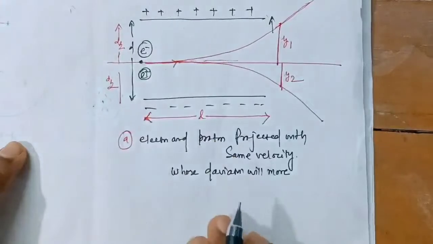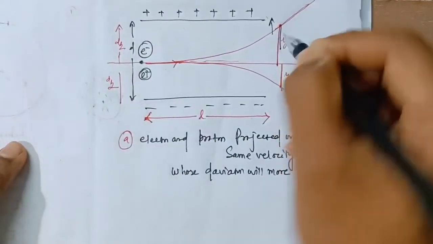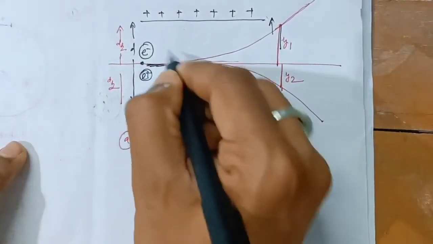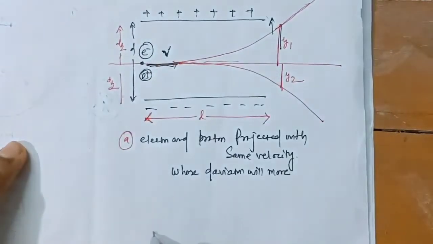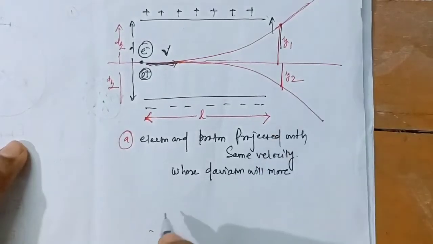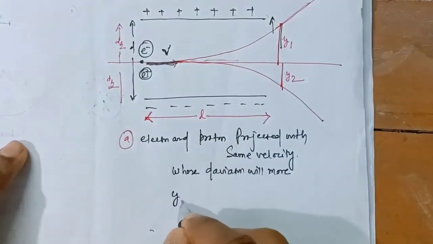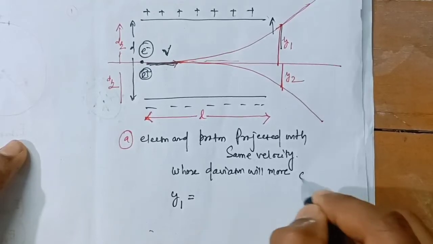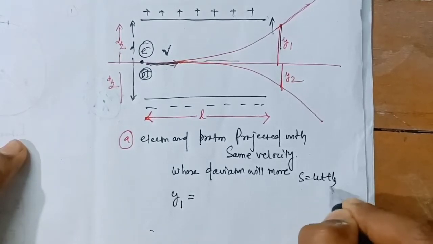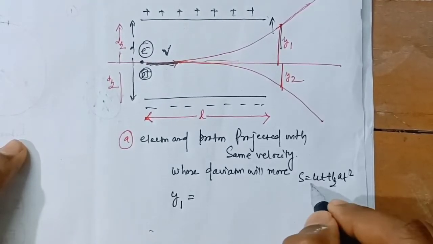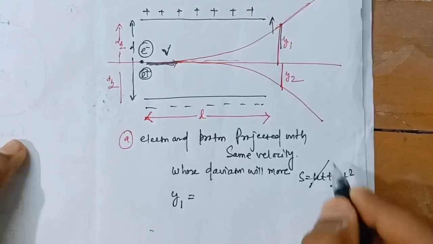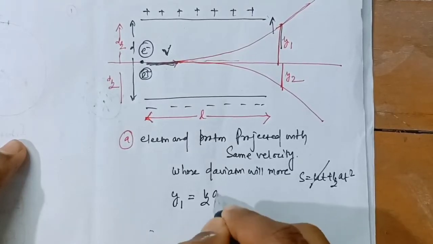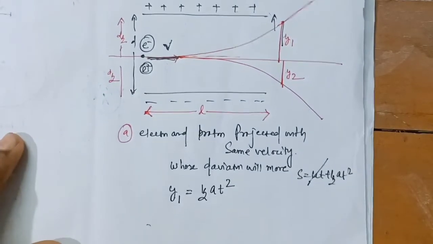If this kind of question is given, we have projected with the same velocity, so I'll say I project it with velocity v. So in this question, we have to think about y1. y1 we can find using the formula s equals ut plus half a t square, but the initial vertical velocity is 0, so I can use only half a t square.